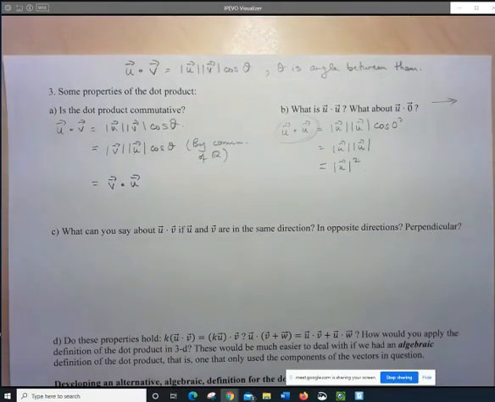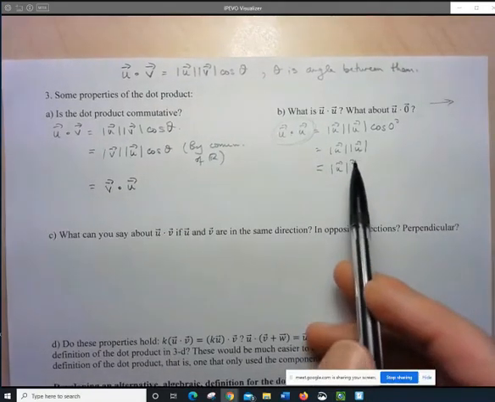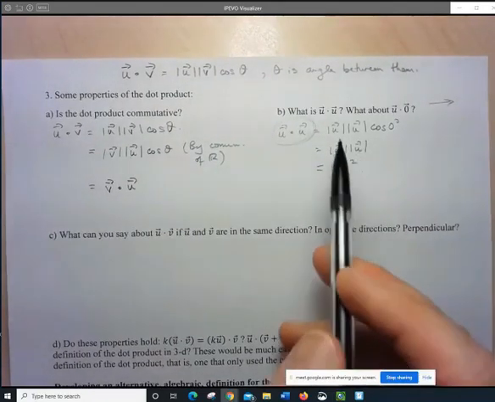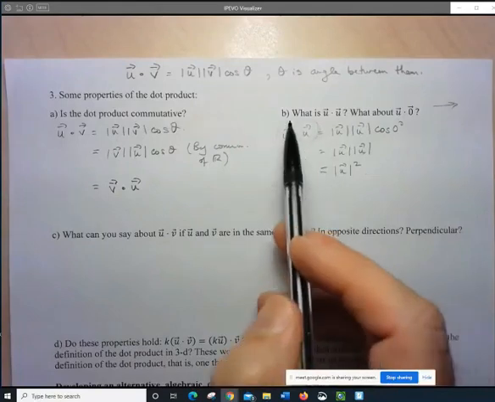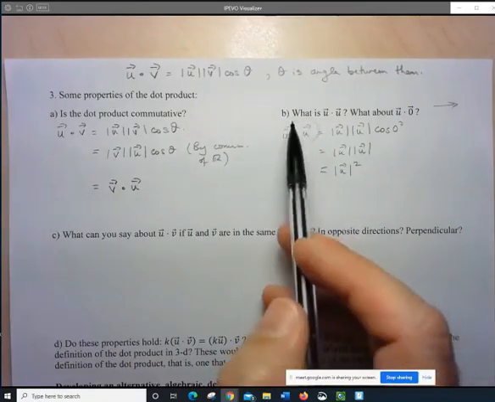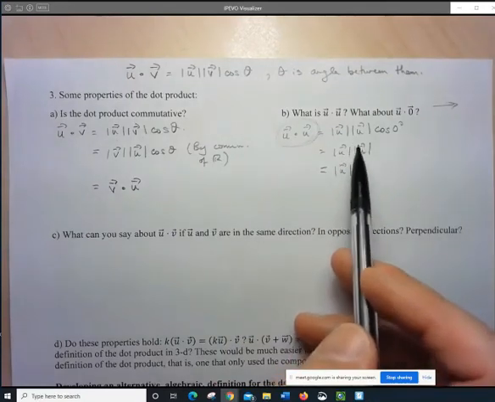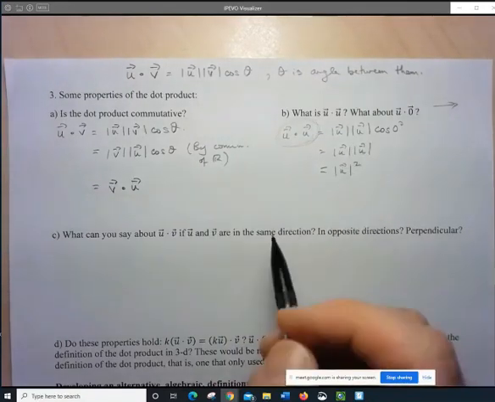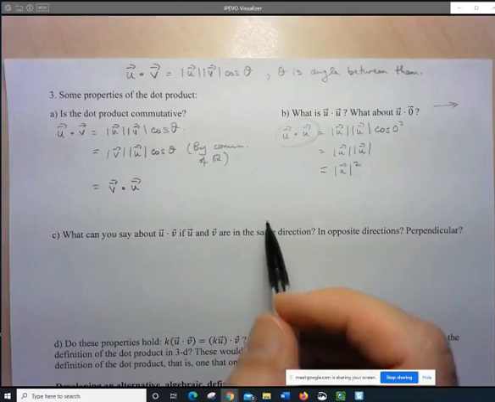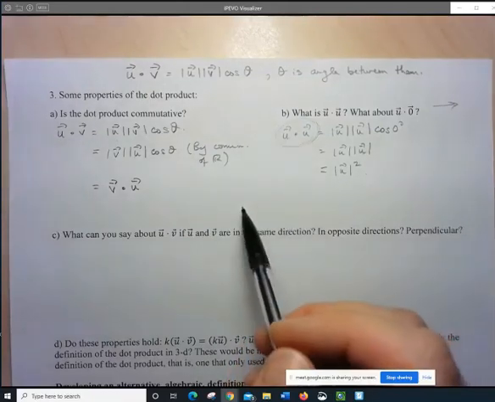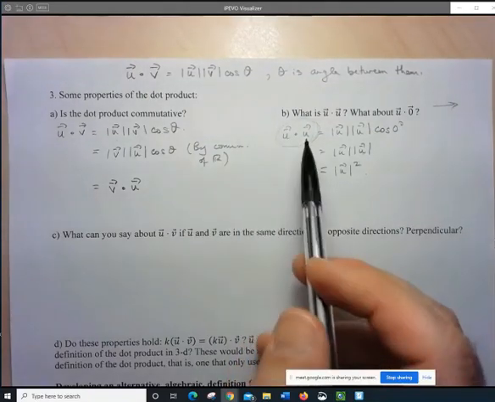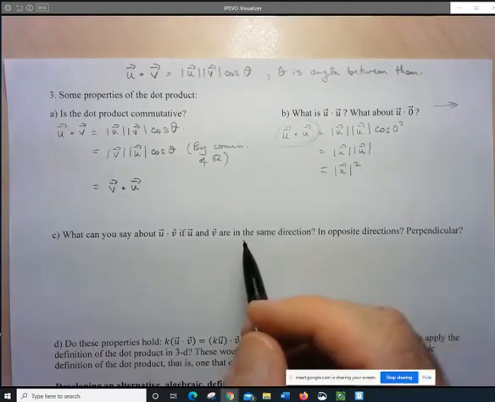One of the things you'll see is this idea of an exponent is not used when we're talking about the products between vectors. Here I'm allowed to use it because magnitude of u and magnitude of u are just real numbers. So there you go. If you take the dot product of a vector with itself, it just gives you the magnitude squared.